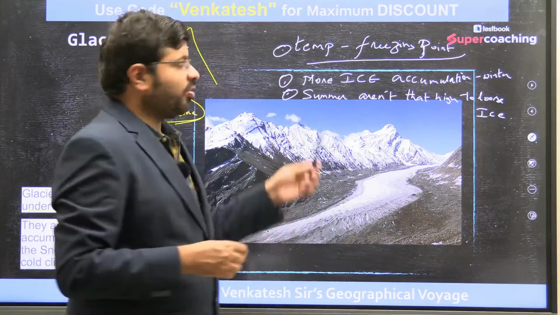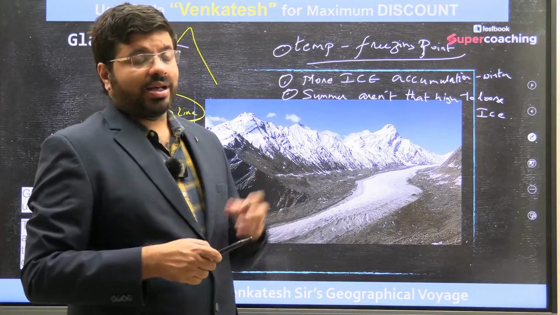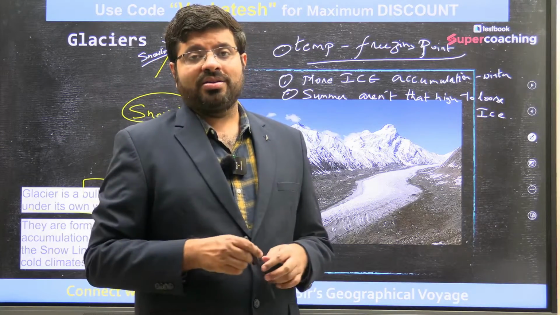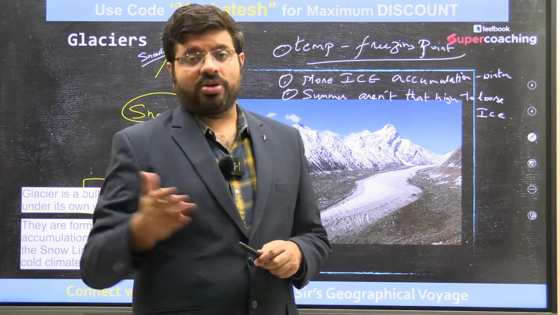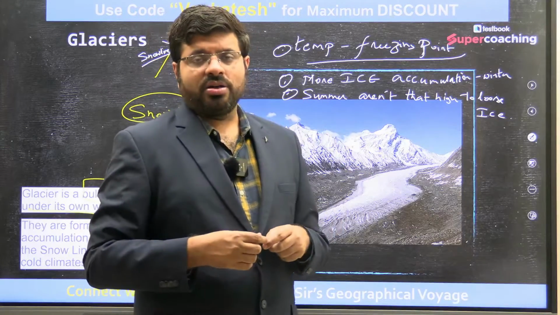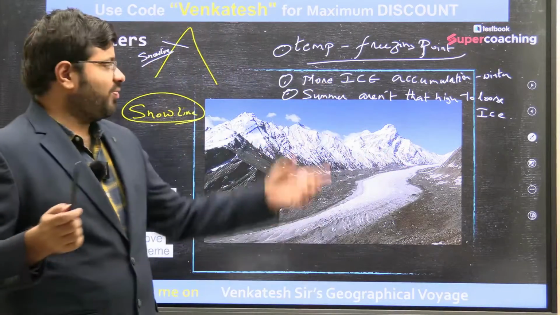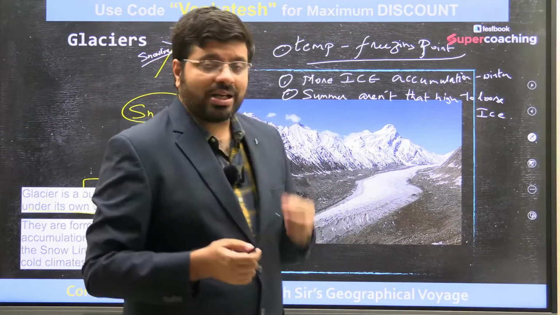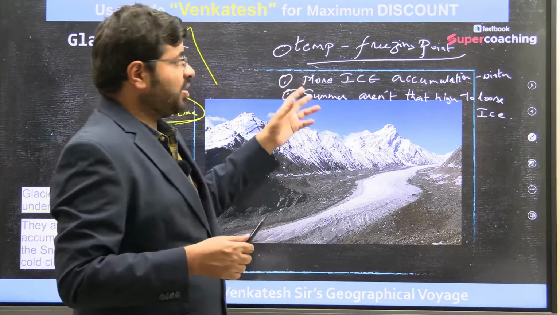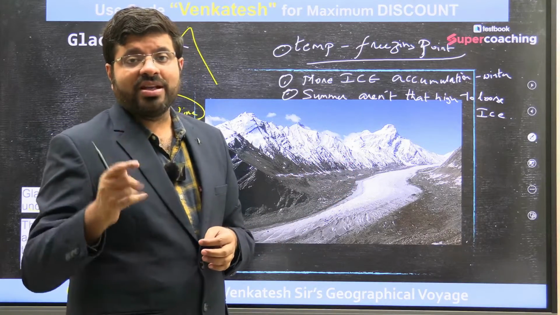The input of ice generated in the winter should not be lesser than the output, the ice lost in the summer. If the ice is not losing that much in summer and a decent amount accumulates in the winter, the glacier is in a very, very good life space.